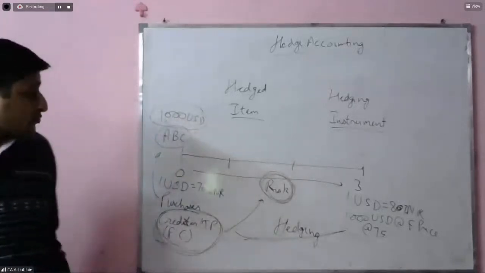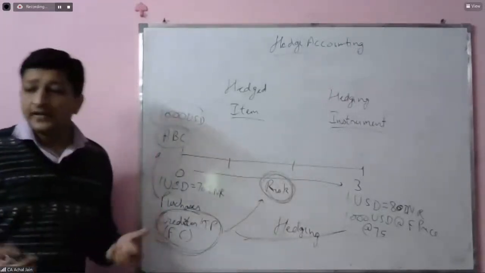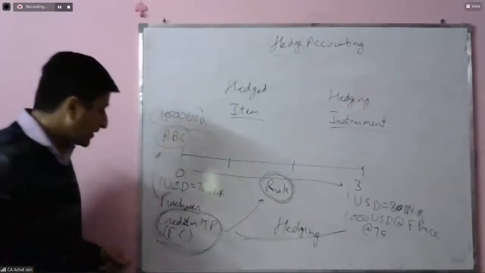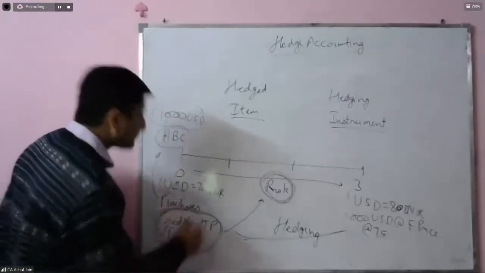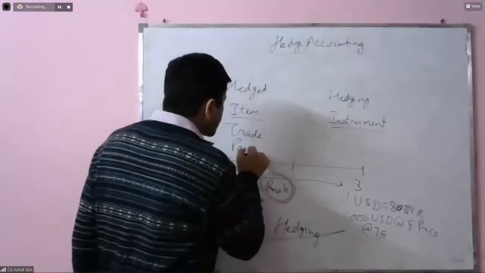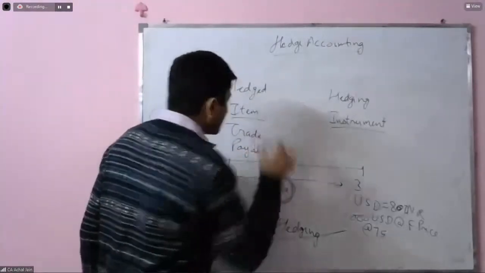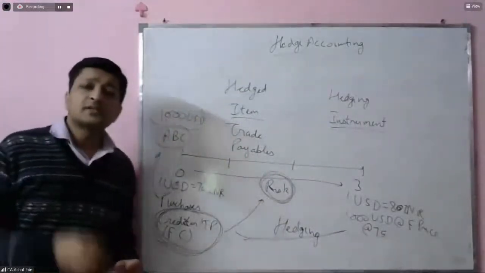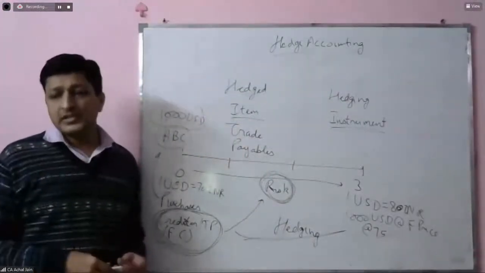Very good. So in this case, what's the item which is exposed to risks? It's the trade payable. So what is the item which needs to be hedged? Trade payables. Trade payables are required to be hedged in this case.